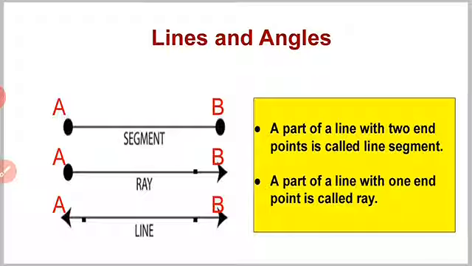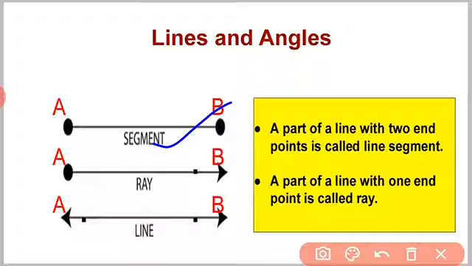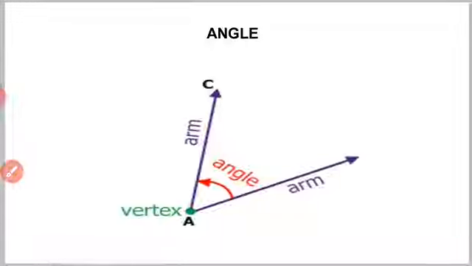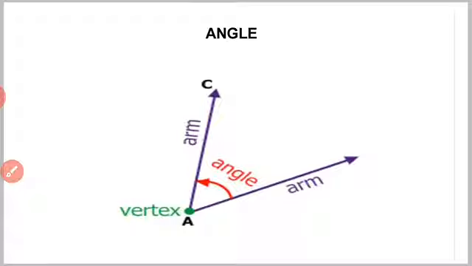We know what is a line. A line has no endpoints. If we take a part of a line with two endpoints, then we get a line segment. And if we take a part of a line with one endpoint, it is called a ray. What is an angle?